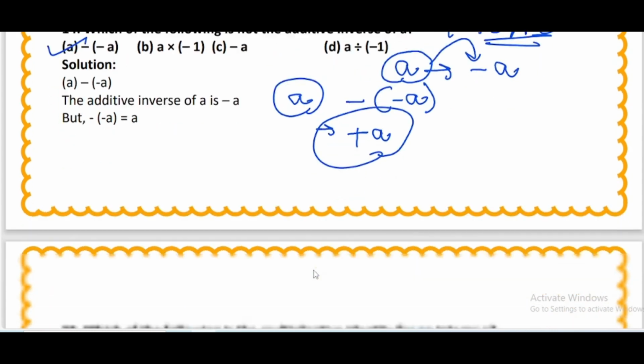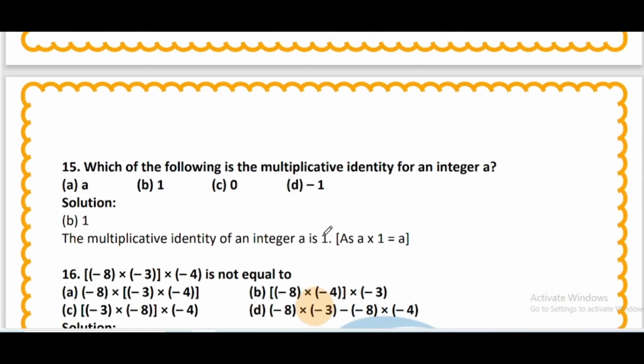Let's see question number 15. Which of the following is the multiplicative identity of an integer A? The multiplicative identity is such that when an integer is multiplied with it, the result has no effect of the multiplication.